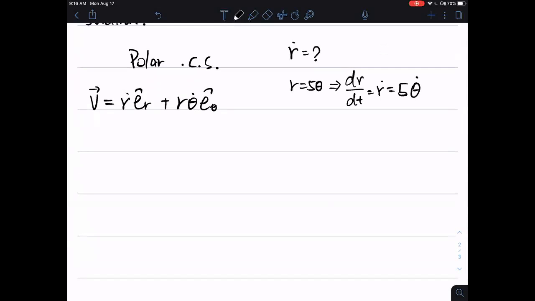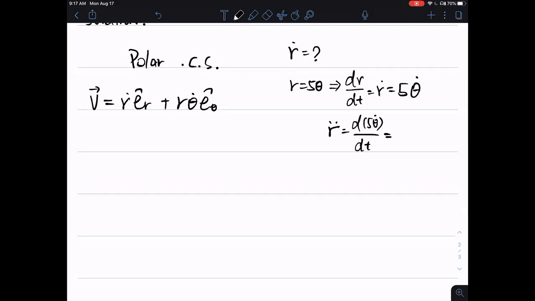Here is just another question for you. What is r double dot? Just curious. So you take the derivative of 5 theta dot with respect to time. What's the result of that?